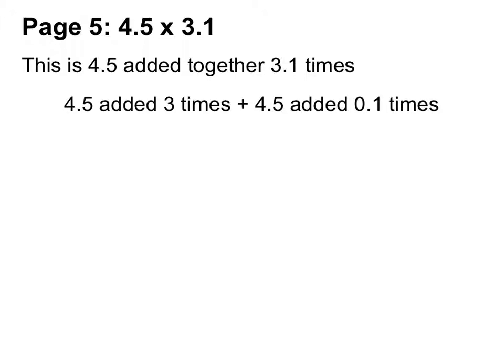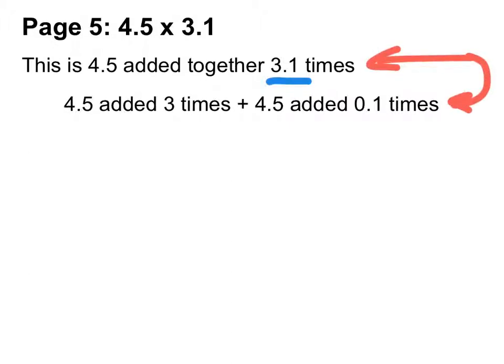So one way to interpret this is 4.5 added together 3.1 times. Breaking the 3.1 apart, I can think of this as the 4.5 added 3 times and then added another 1/10 of a time. I really want you to be able to understand that step, how we got from this line to this line.